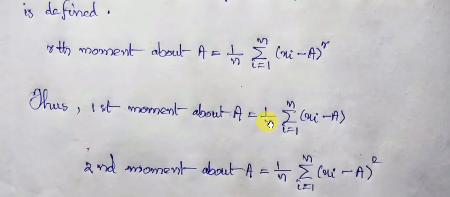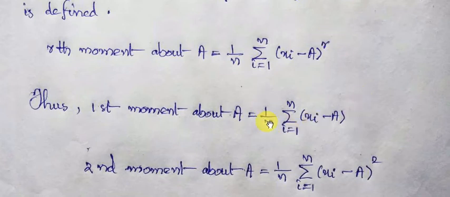And obviously, as we have here defined the rth moment, if we restrict this r to any specific value, then we shall have the respective moment. Here the first moment about A, obviously we have to write 1 in place of r.